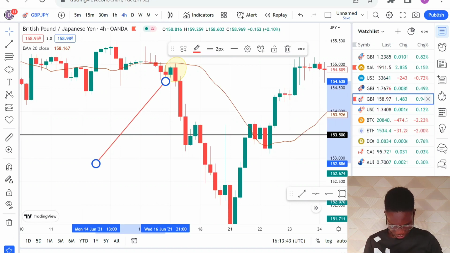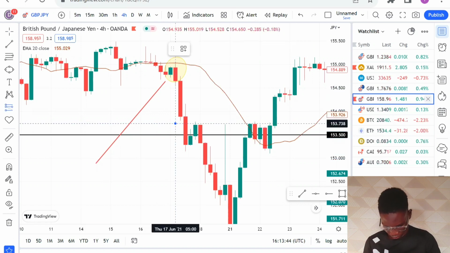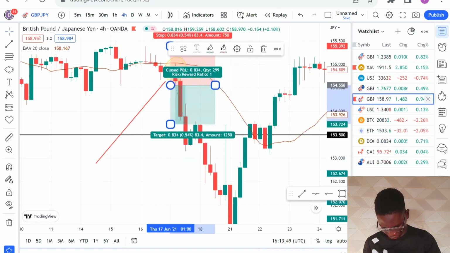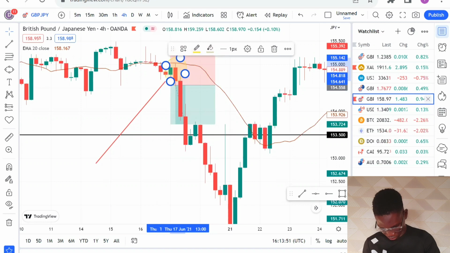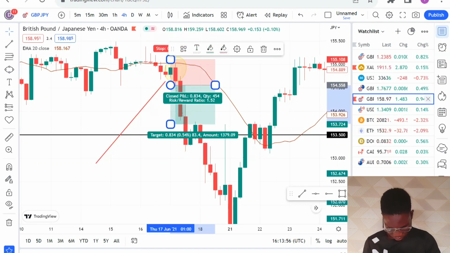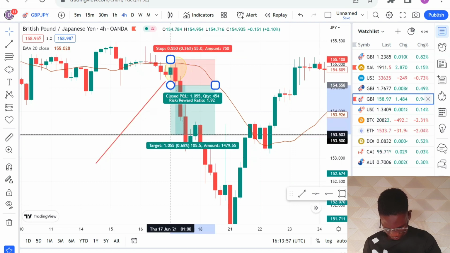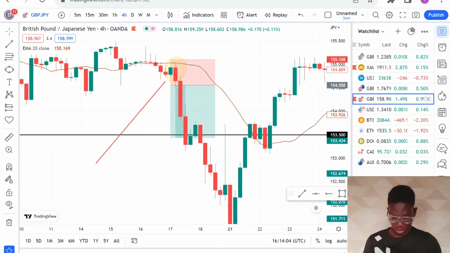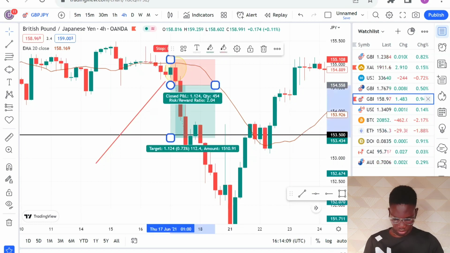So let's say we took a trade right here, after the bearish engulfing, with our stop right below the bearish engulfing, and our TP at the next zone here. Beautiful 1 to 2 risk to reward. So dope. So, up to the next one.